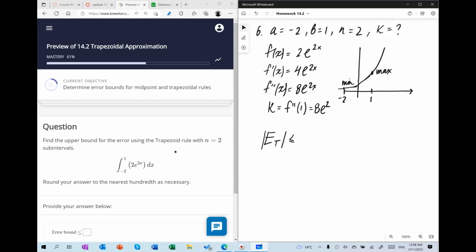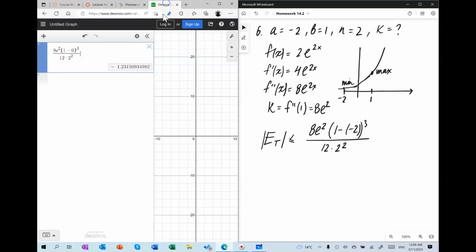And now we can plug in all the ingredients into the formula to obtain the upper bound for the error. It's going to be 8e squared, 1 minus -2 cubed, divided by 12n squared. Can just reuse the same Desmos calculator and replace 0 with -2. And the answer is pretty big.